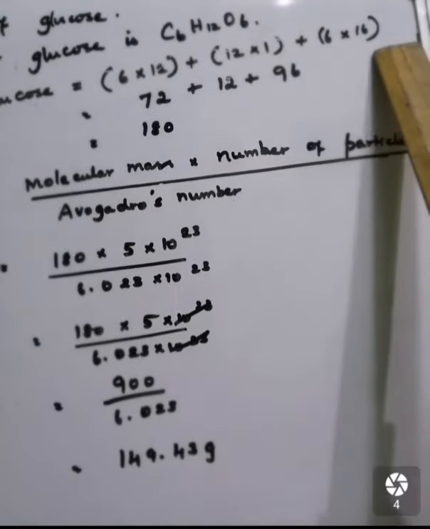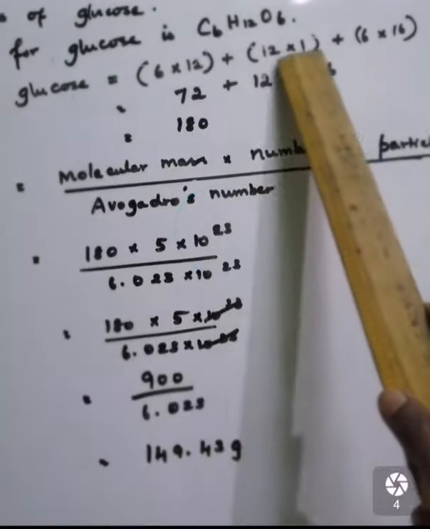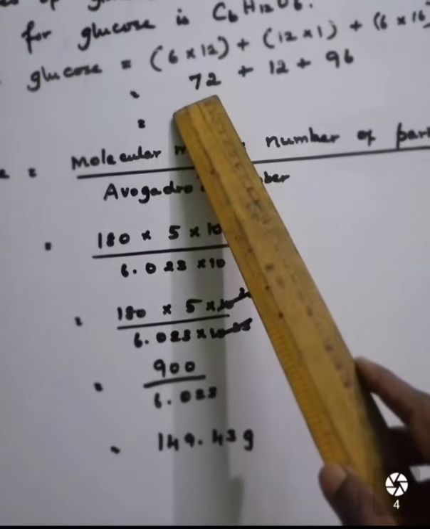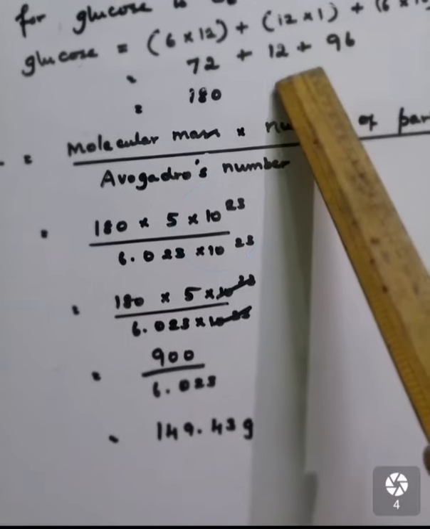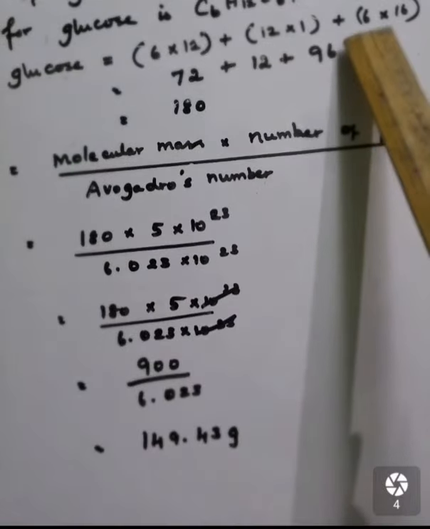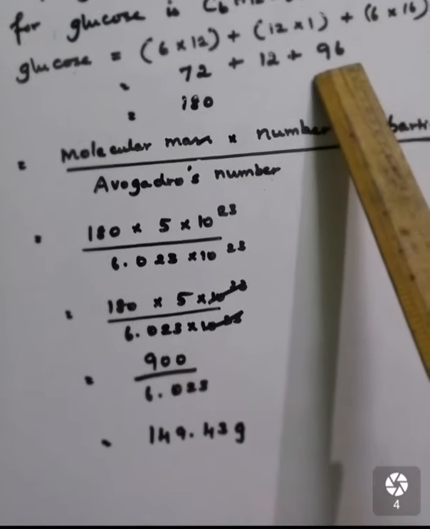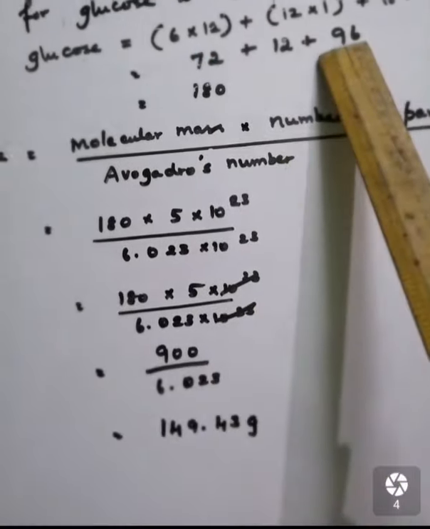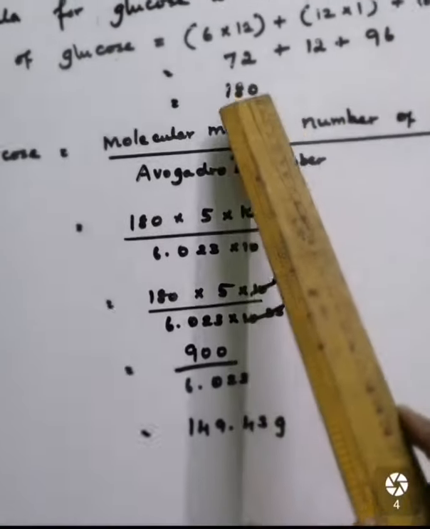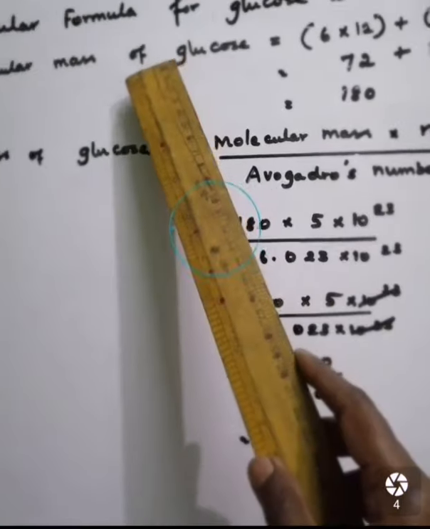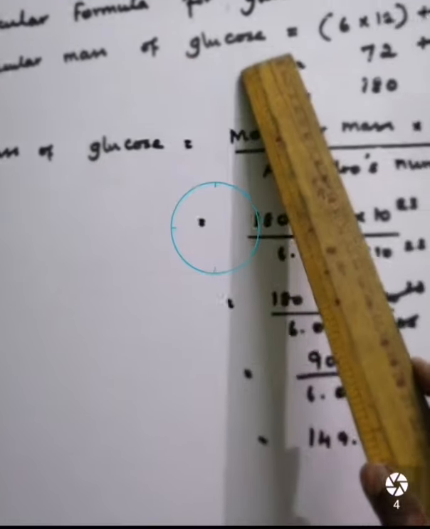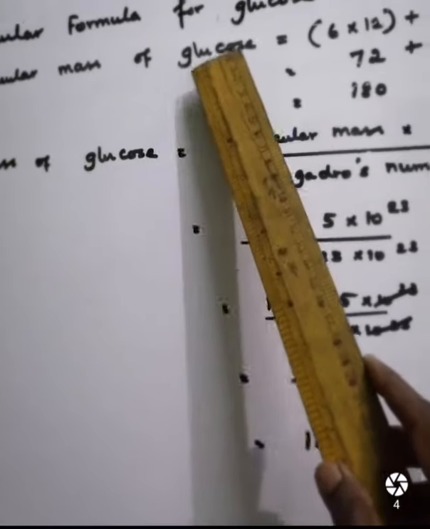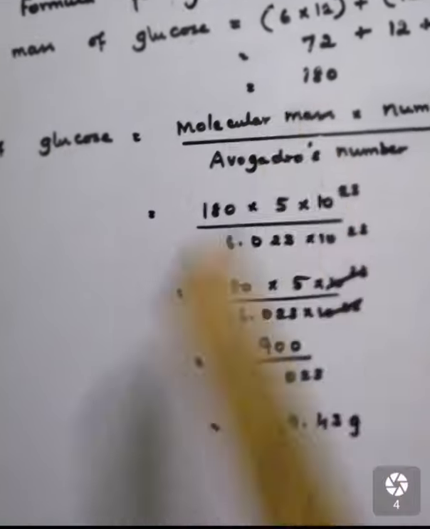So I have written and I am going to multiply all these first of all. 6 into 12 is 72. 12 into 1 is 12 and 16 into 6 is 96. Together I am adding up. When I sum up, I am getting 180 as the molecular mass of glucose. Molecular mass of glucose is 180.